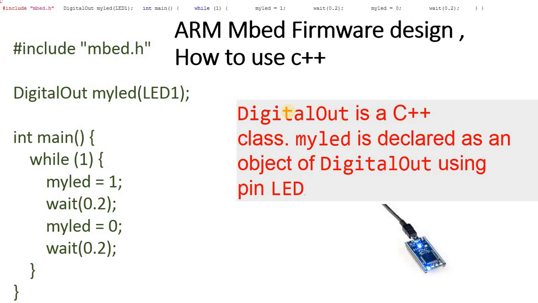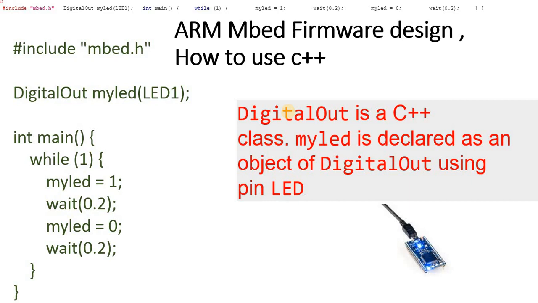Look at the program on the left-hand side. Just above main: DigitalOut myLED(LED1). DigitalOut is a class, myLED is an object, and LED1 is an argument. This is what we learned some time before. So you can say myLED equal to 1, and the LED will come on. Wait for 0.2 seconds, again myLED equal to 0, and wait for 0.2 seconds.